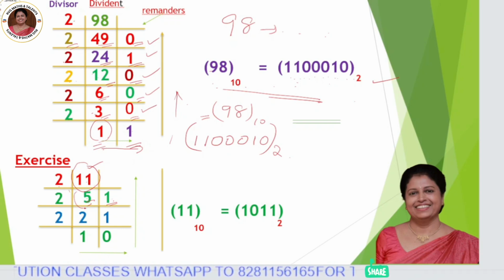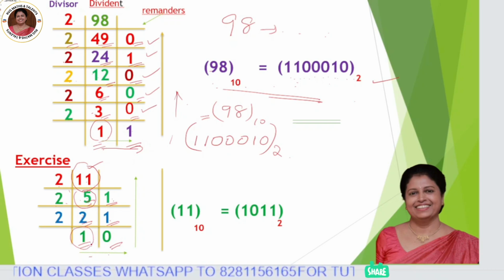Then again we continue with 5. 5 is divided by 2. We get 2 as the quotient. 2 2s are 4, and 1 is the remainder. So we note down this 1 here. Again we continue division. 2 is divided by 2. We get 1 as the quotient and 0 is the remainder. We can stop here, when we reach 1 as the quotient.